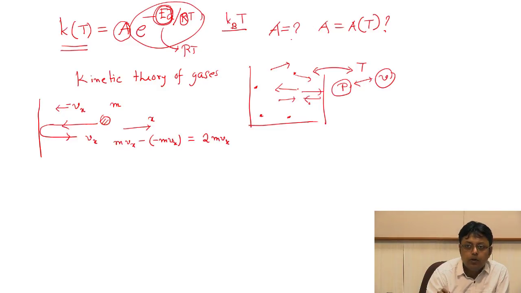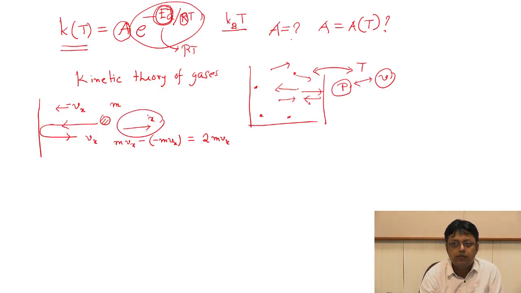To calculate the pressure, which is nothing but force per unit area, and force is connected to the rate of change of momentum, we are just going to use Newton's law. Now, this choice of the x-axis as positive in this direction, I could have chosen the other way.